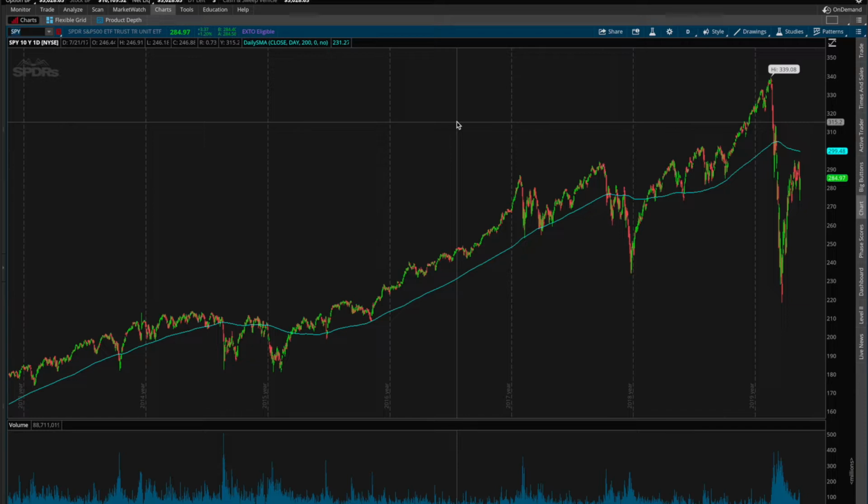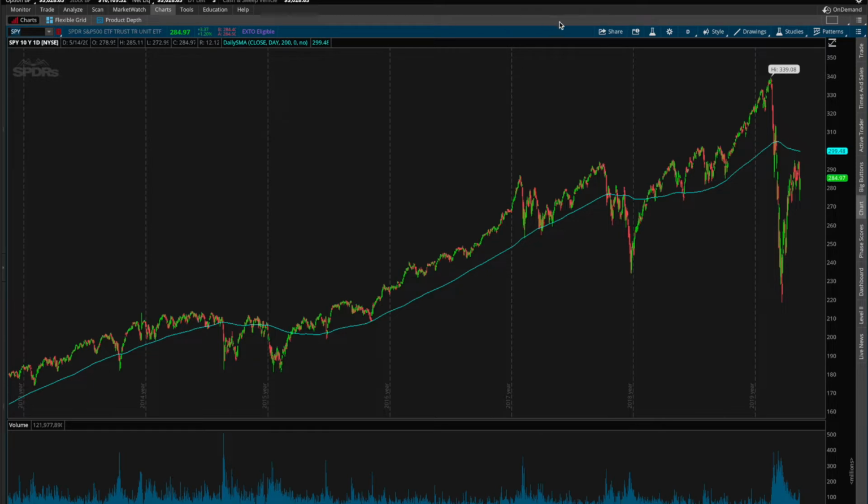Whether you are using your broker or you're using tradingview.com or you're using yahoofinance.com, just get a site where you can see the stock. What I'm using right here is my brokerage, TD Ameritrade, their Thinkorswim platform, and I have the stock SPY up, which is the S&P 500 ETF.